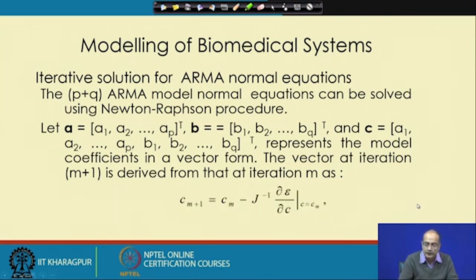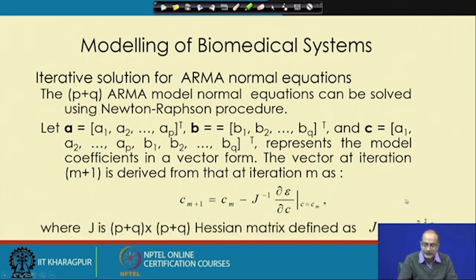So, we have some update rule. At every iteration we update the value of the vector C, with respect to the previous updated value Cm, we get Cm1, and we make use of the Jacobian of eta, rather we are using the Hessian matrix here.